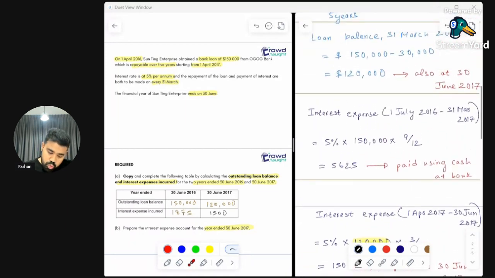Okay, we know we make payments for interest and loan every 12 months at 31 March. And based on the financial year that we're working with, the payment is going to be made at 31 March 2017. So at 31 March 2017, we will be paying $5,625 using our funds available in the cash at bank account.